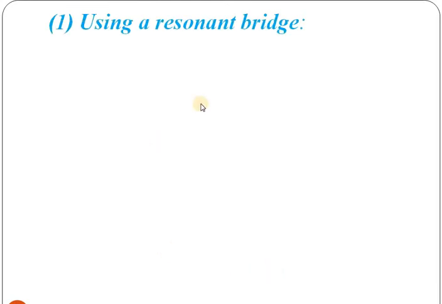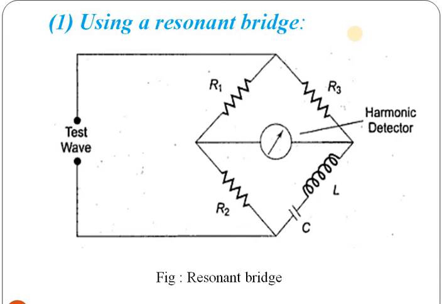First, consider using a resonant bridge. Now consider the corresponding circuit diagram. Harmonic distortion can be measured by means of a bridge circuit, which consists of four arms.